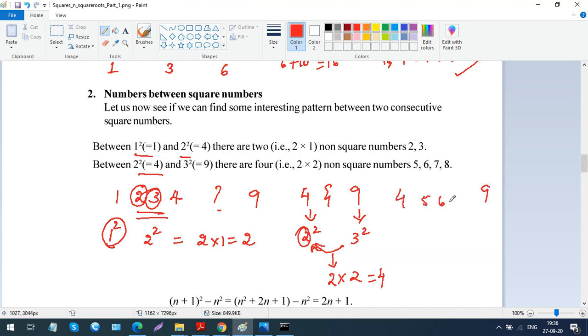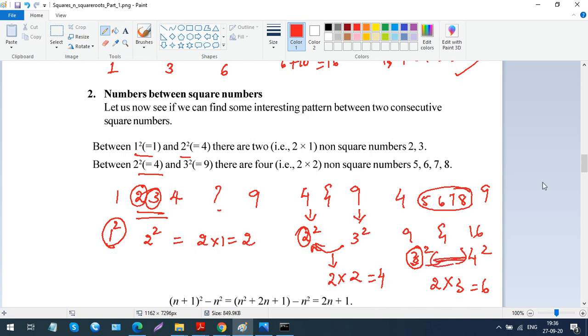You have 5, 6, 7, 8, these 4 numbers. If I ask you between 9 and 16, that is between 3 square and 4 square, it's going to be the smaller number 3, so always 2 into 3, which is 6. So you check 9, 10, 11, 12, 13, 14, 15. Till 15, 6 numbers are there between these two. Understood? So that's how you will find it.